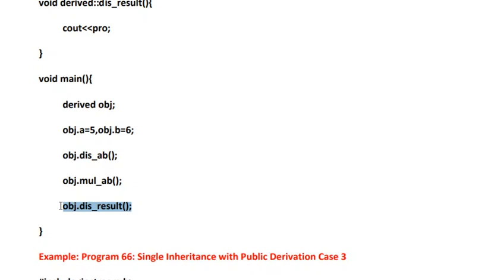Since A and B were placed in the public section of the base class, along with the member functions it has inherited the data members. Since it has inherited the data members, it can have access to them. So here, using the object of the derived class, I'm initializing A and B with the values 5 and 6. So this program will give me the result as 30.